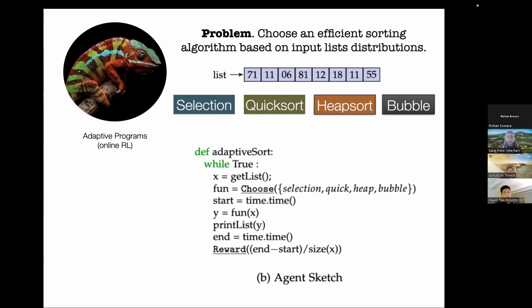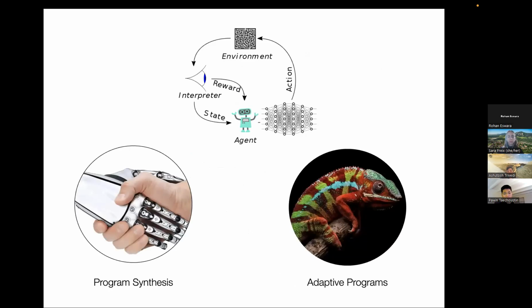You could write this adaptive sorting algorithm, which is like a multi-armed bandit problem, where you are choosing among a bunch of arms: selection sort, quick, heap, and bubble. Based on how much reward you are getting, you are doing this exploitation to converge towards the best arm. That's another way to use reinforcement learning, in an adaptive setting.